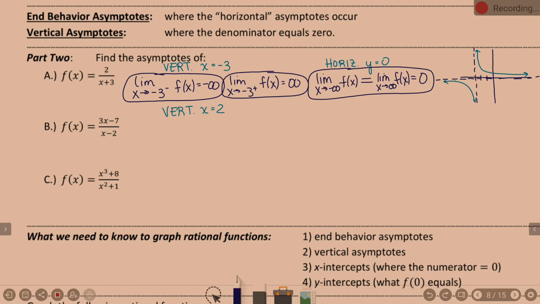Limit as x approaches 2 from the left. And then limit as x approaches 2 from the right. So, vertical asymptote, I want to know the limit as x approaches 2 from the left and the limit as x approaches 2 from the right.